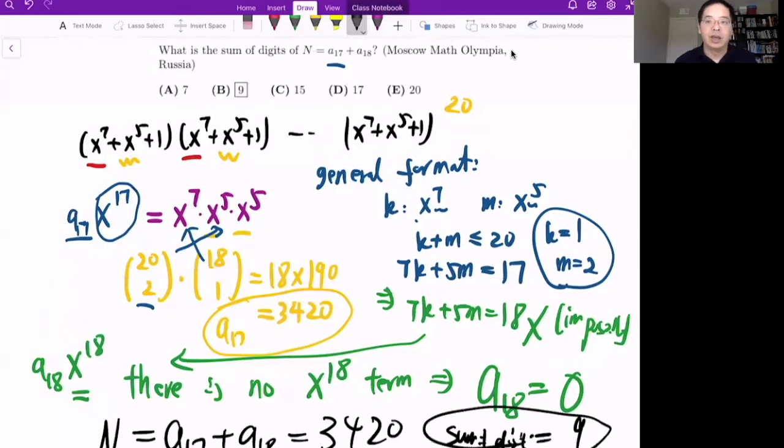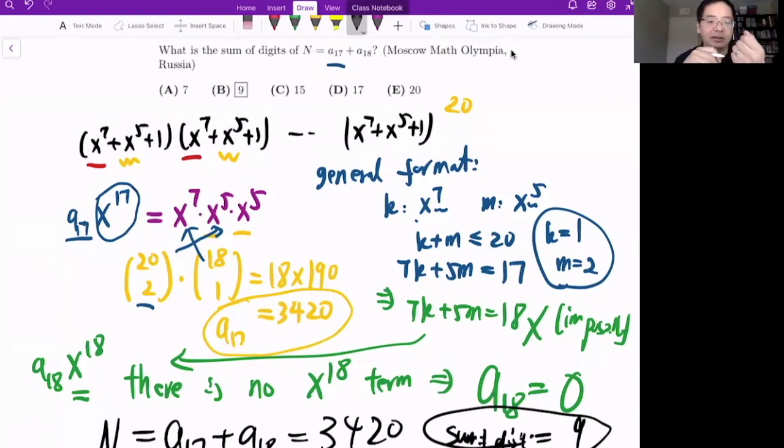All right. So here the point is, when we try to expand the product of polynomials, we look at the combinations. Let's say we focus on the coefficient of a single power. So here it is x to the 17 and x to the 18. We just need to find the suitable combinations which will give us x to the power 17. Here, there's only one way we can do that.